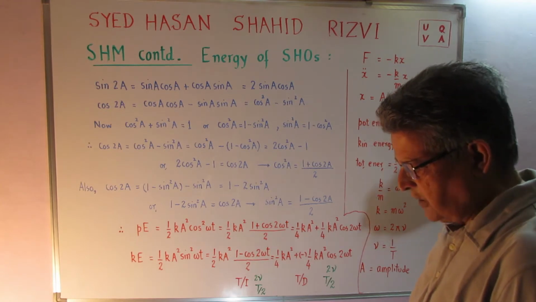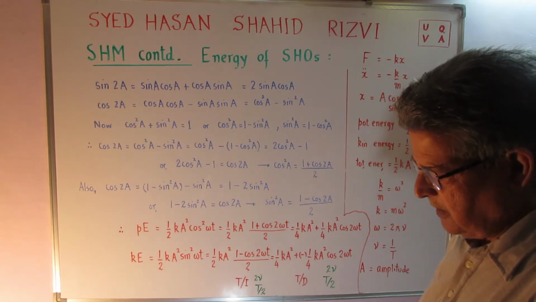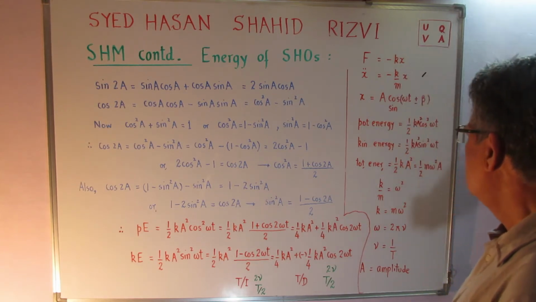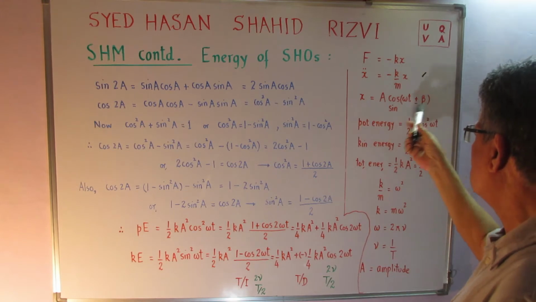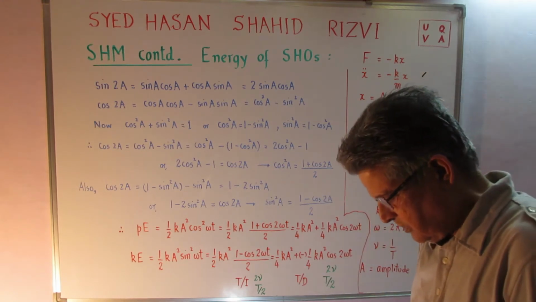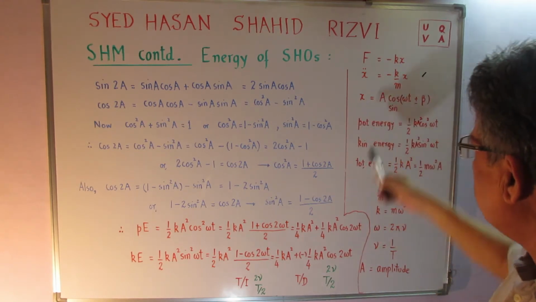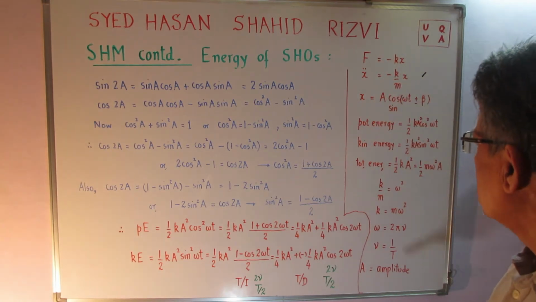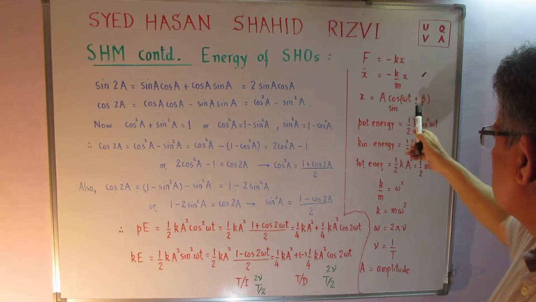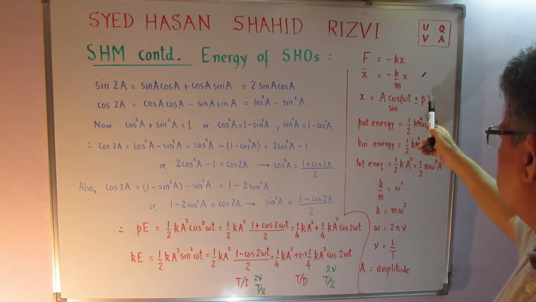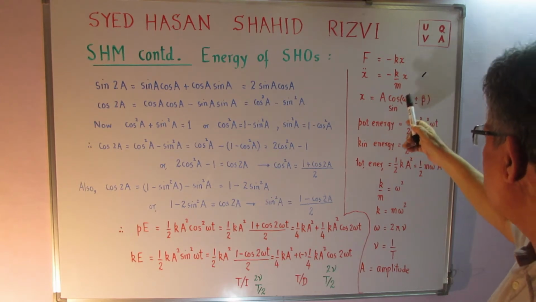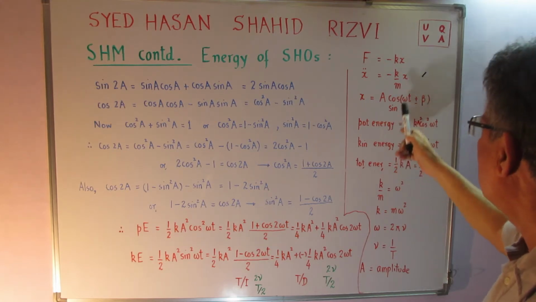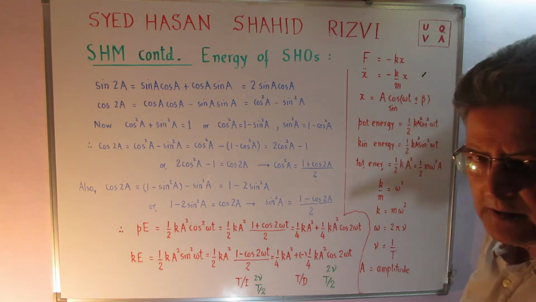Then we found, through the introduction of the repeated functions in mathematics, that there are four possible solutions for the same equation x double dot is equal to minus k over m x, where one is a cos of omega t plus beta, a cos of omega t minus beta, a sine of omega t plus beta, and a sine of omega t minus beta.